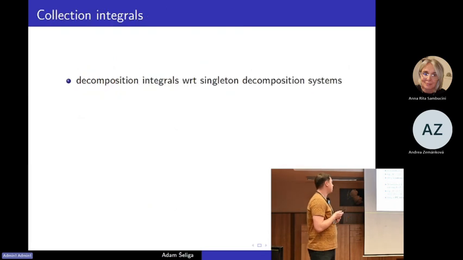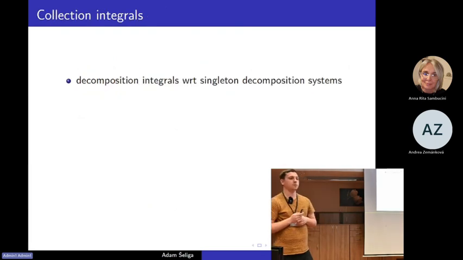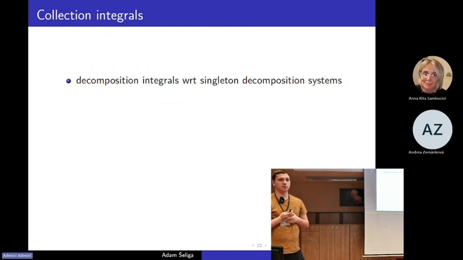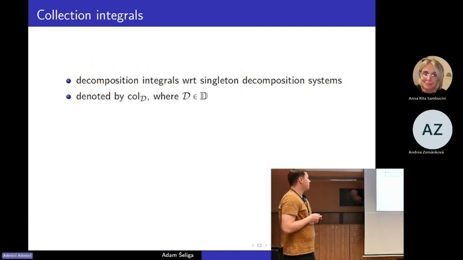So these are examples of decomposition integrals, and particularly collection integrals are part of decomposition integrals, and these are the decomposition integrals with respect to singleton decomposition systems. So we have only one collection. Since we have only one collection, we can denote it by D, and the collection integral will be denoted by this symbol here.